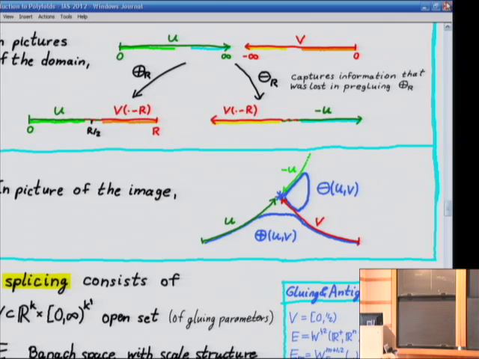It's not just a loop here. You could reflect it down, I guess, if you wanted to. Okay, so that's plus and minus gluing, and I said we're going to use the kernels of the minus gluings as the domain of our chart.